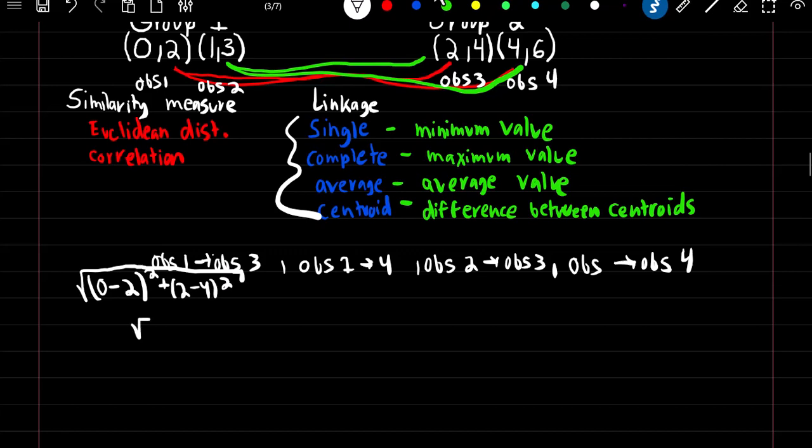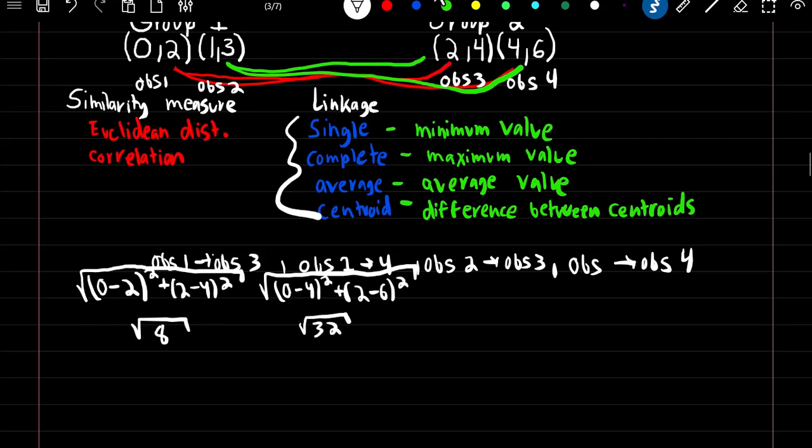And this will produce a value of the square root of 8. And then if we go from observation 1 to observation 4, it's going to be 0 minus 4 squared plus 2 minus 6 squared. And then take the square root, and we'll get the square root of 32.